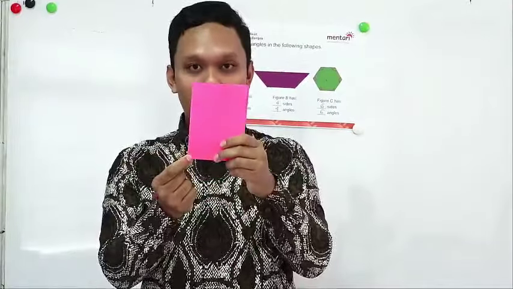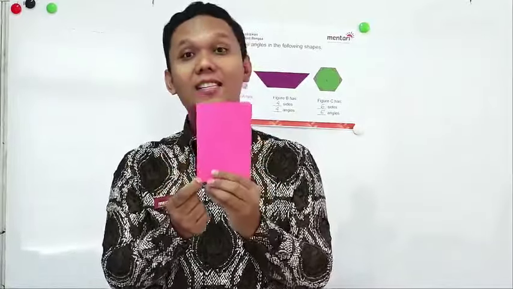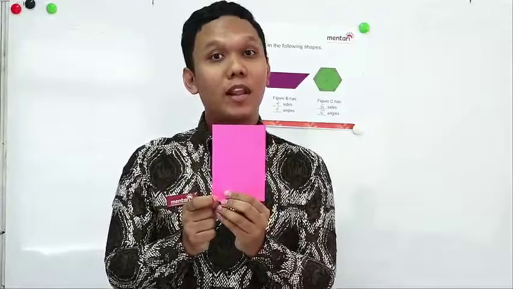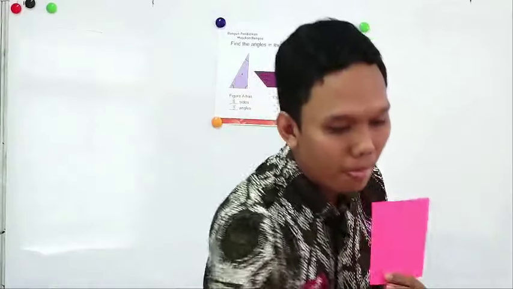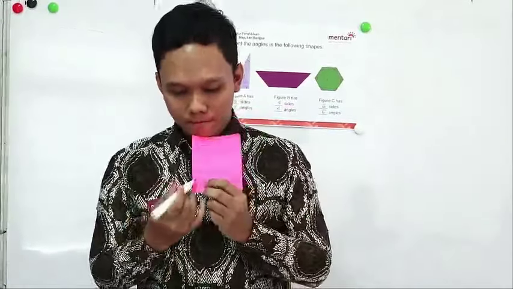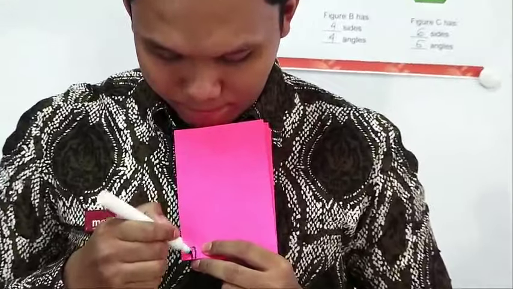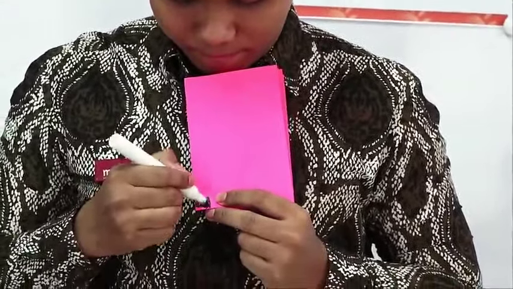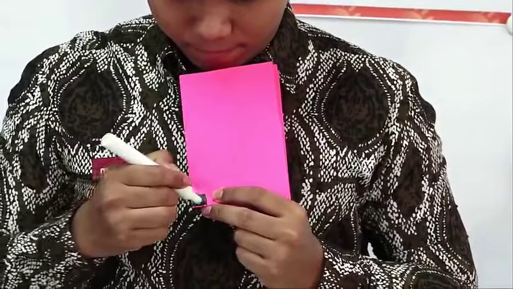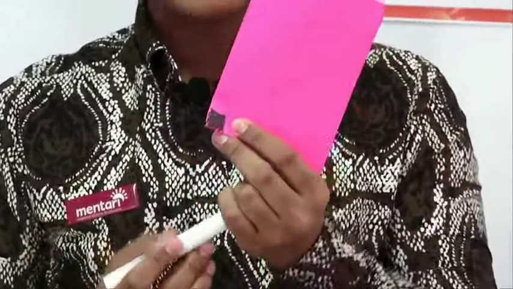This corner is a right angle. So we need to label the right angle with our markers. Let me show you. Yeah, this is the right angle.